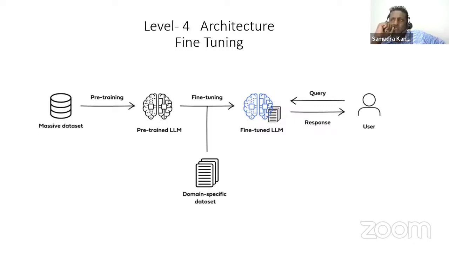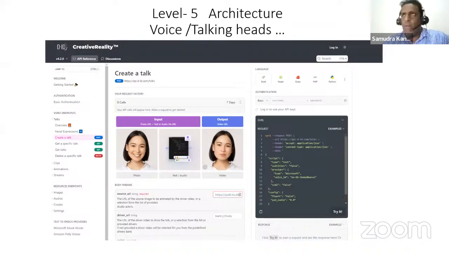The level 4 is more about doing a deep fine tuning on your neural network, which is a bit out. I am not going to talk in detail about this, but this is something you can also do with very high cost and also time consuming. You need special hardware, GPUs, all these structures in place to do this job. But this session, I didn't plan at least to talk about this.